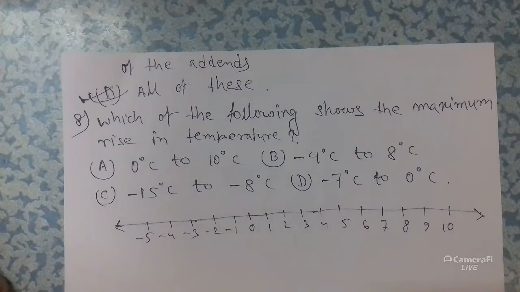So in this number line, the change from minus 4 to 8 for option B, minus 4, this point to this point, minus 4 to 8.